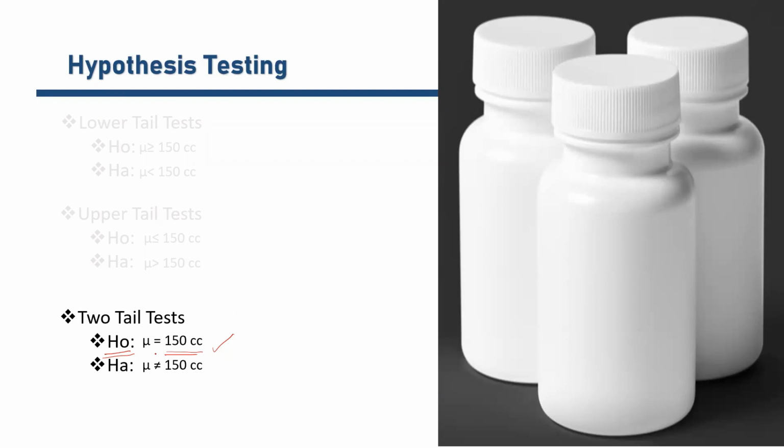Your null hypothesis is that the mean is still 150 cc, and your alternate hypothesis is that the mean is not 150 cc. And then there you will see something called a lower tail test, upper tail test, and two tail test. For now, we are talking about two tail test. Why two tail test?